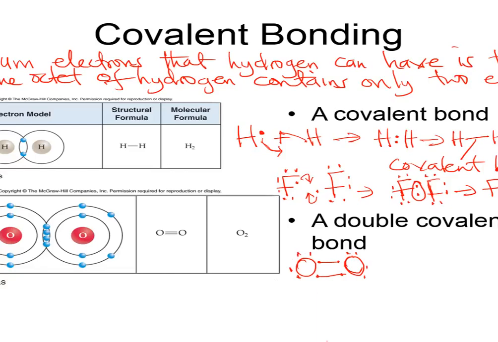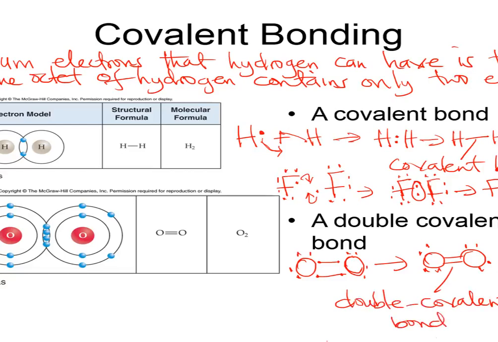So both oxygens have 8 electrons. But how did they get 8 electrons? By forming what we call a double bond. So it is still covalent bond, but it is a double covalent bond.